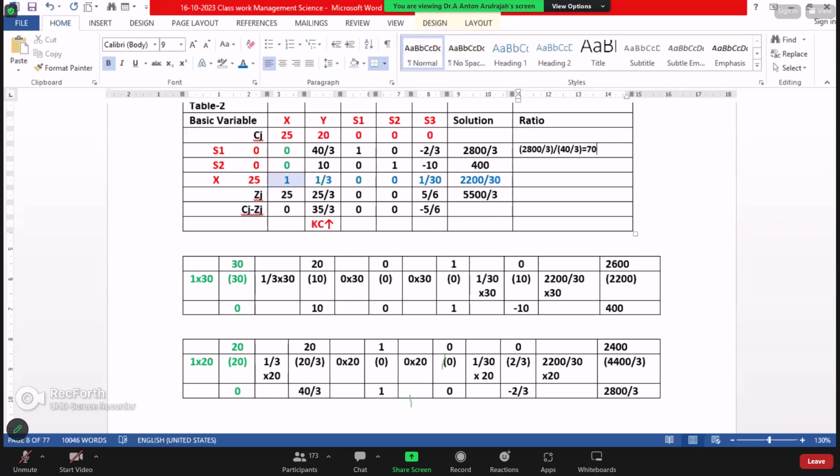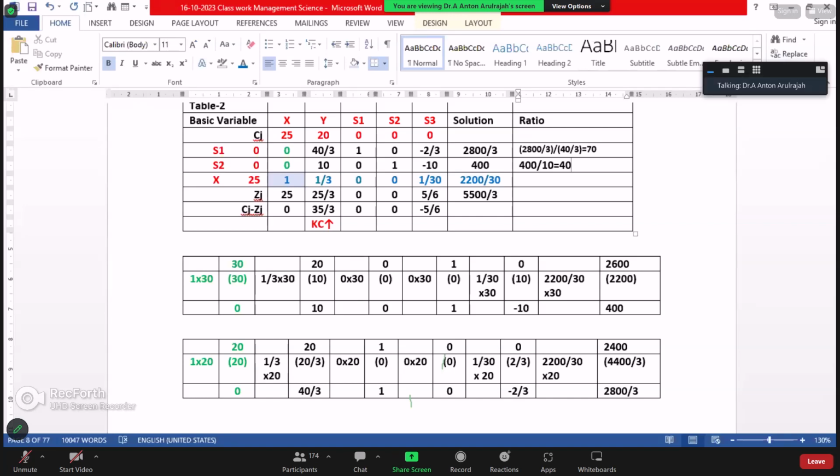Students, is it okay? 70 is correct? Yes, sir. Then in a similar way, you have to do 400 divided by how much? 10. That equals 40. Okay, 400 divided by 10.